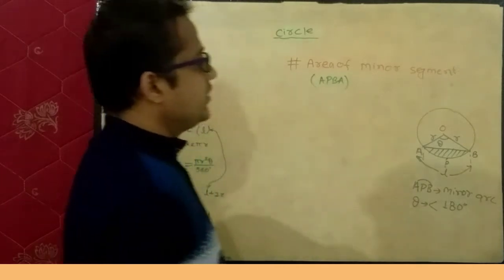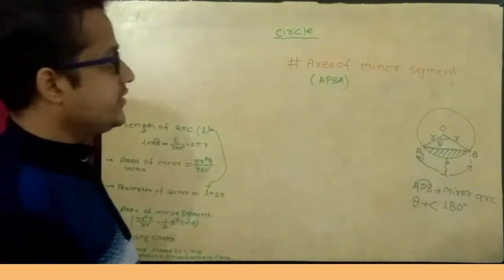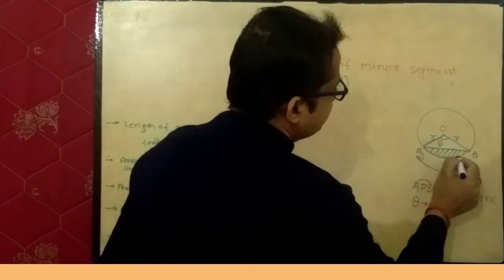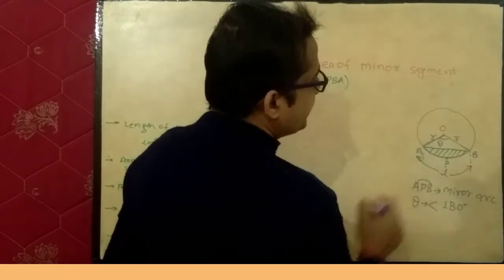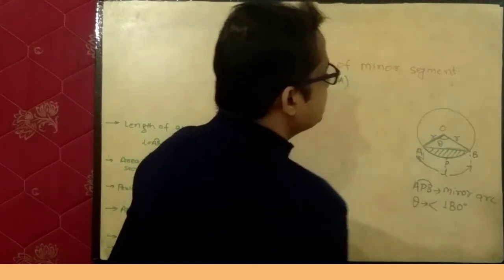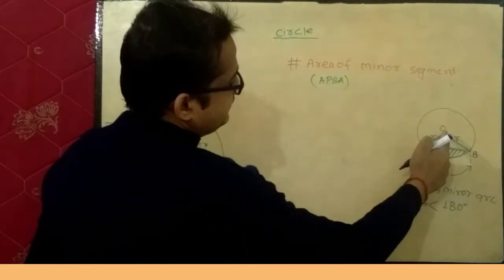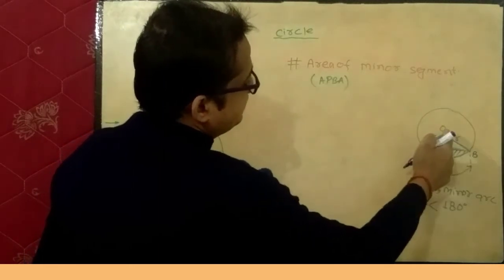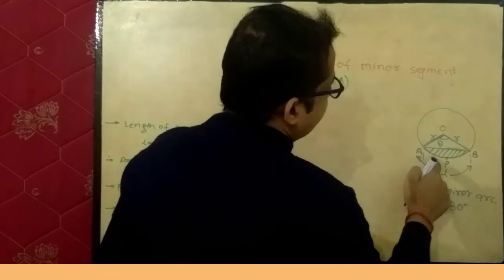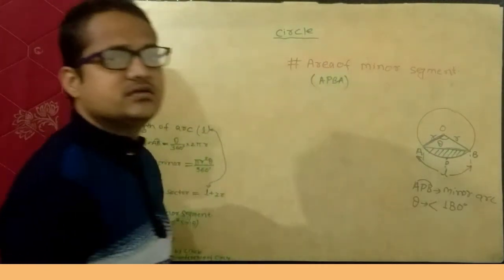So in order to calculate the area of this minor segment, you already know area of this minor sector and area of this triangle. Now if you will subtract area of this triangle from area of minor sector, then you will easily find out area of this minor segment.